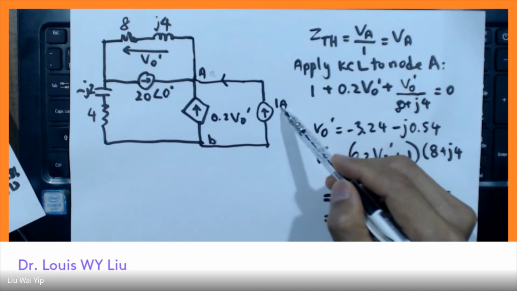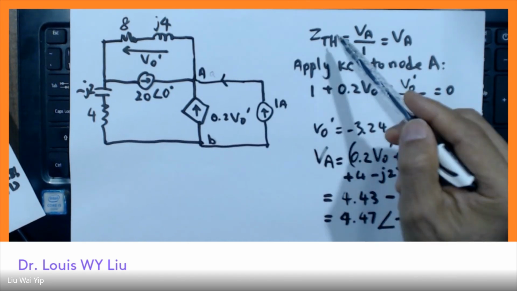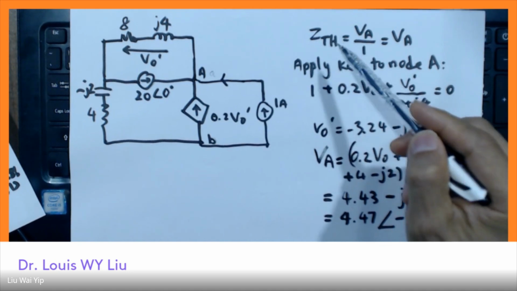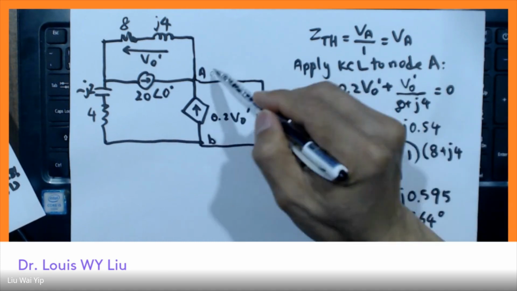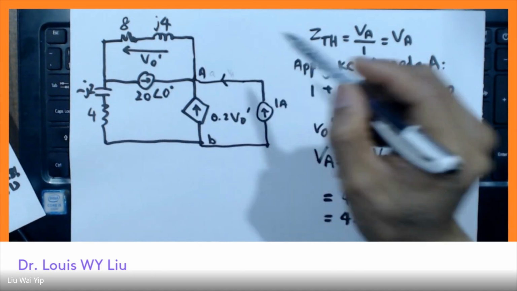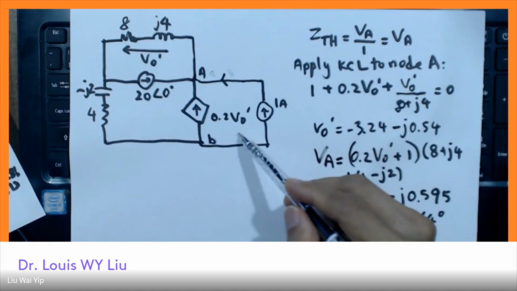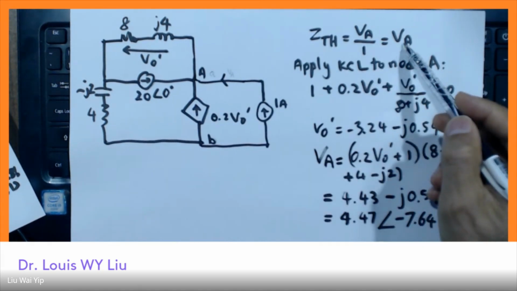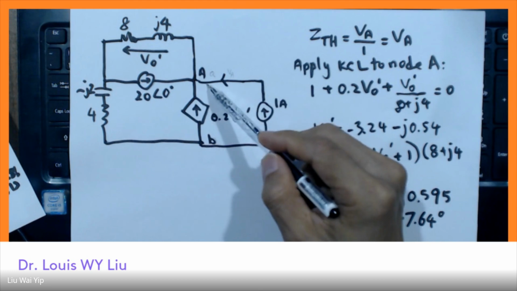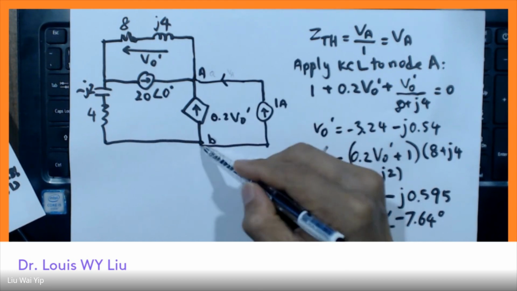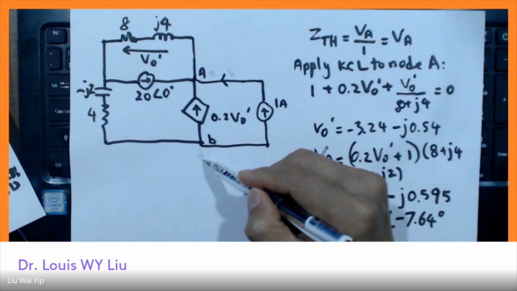So eventually, the Thevenin impedance that we can get will be equal to V of A divided by the current here, 1 amp. So eventually, the voltage that we can get is from this node here. So assuming that the circuit is ground, is the Thevenin impedance.